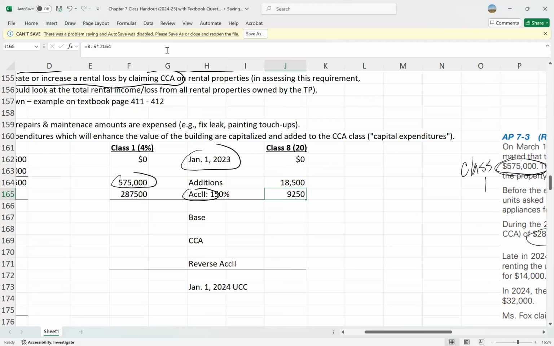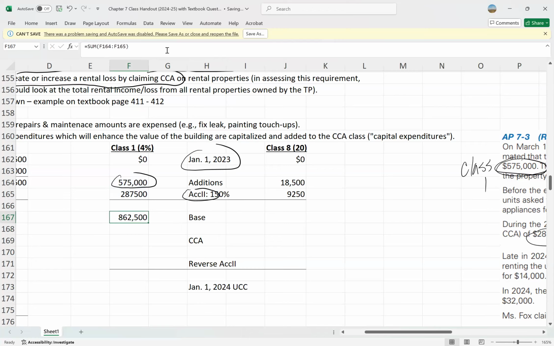But yeah, I found it in the textbook. The accelerated investment incentive at 1.5 or 150% was for purchases between November 21st, 2018 and December 31st, 2023. So once again, we add 50%. This is going to bump up the base amount to 862,500 for the building.